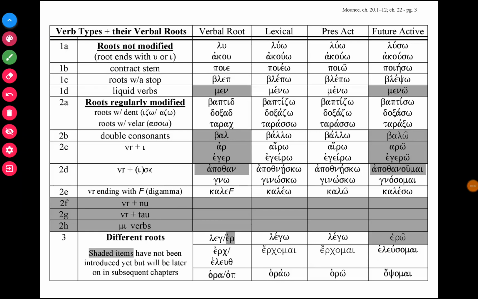As I clear the board and conclude this section on verbal roots, I'm going to remind you more than once to turn to 177. That's 177 in your textbook, Mounts. At 177, you'll have a list up until chapter 20 of all the Greek verbs you've learned so far, plus the verbal roots.